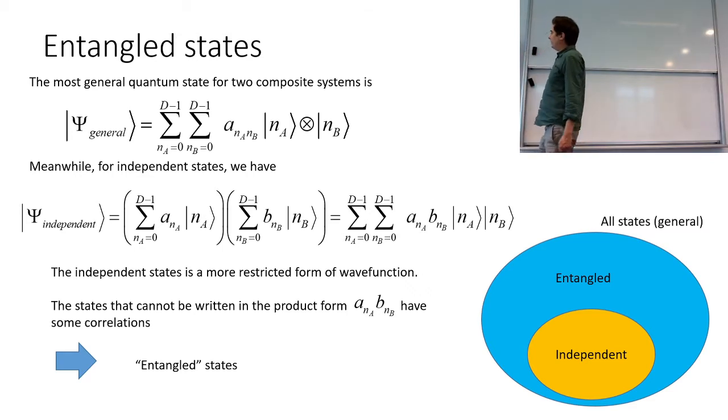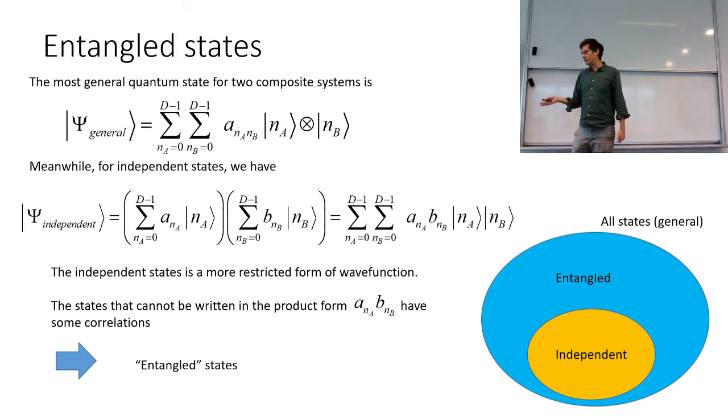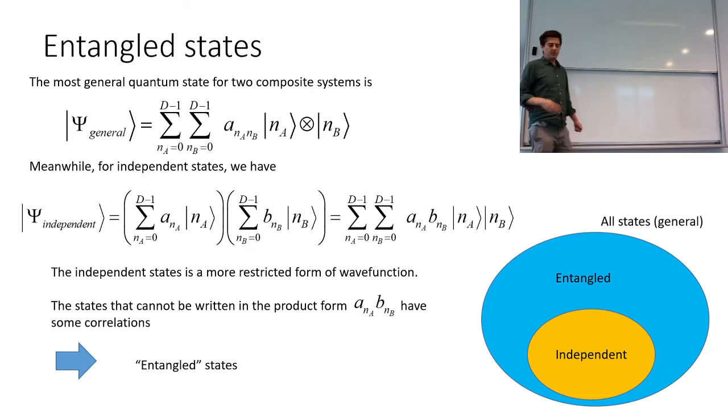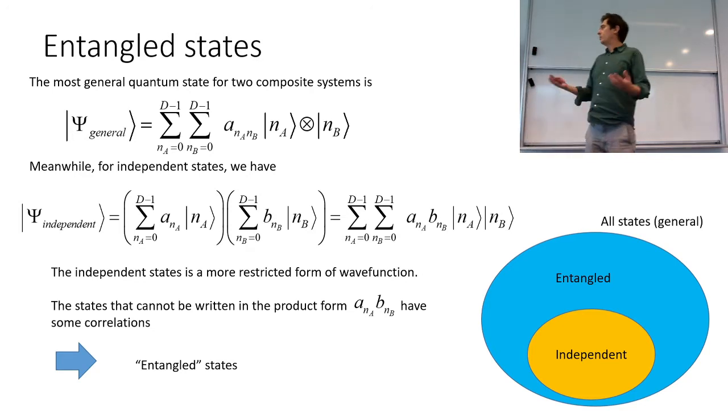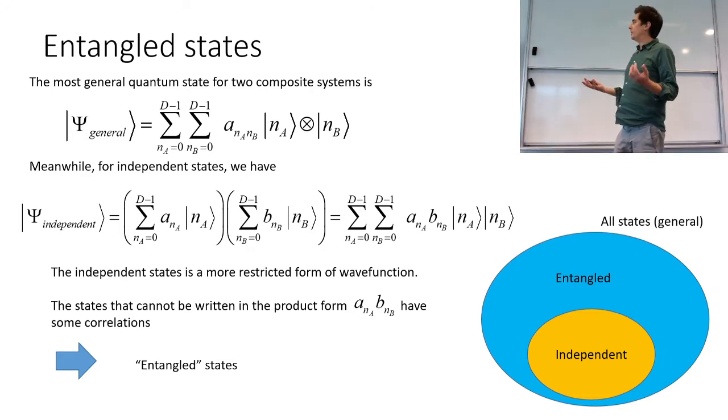And what we learnt there was that there's a special type of states, which are called independent states, where, as the name suggests, this is a special case of a composite system wave function where you can write it as a kind of a product like this.